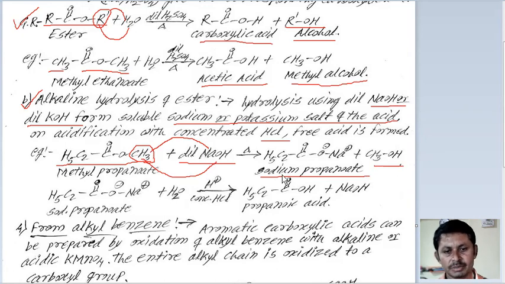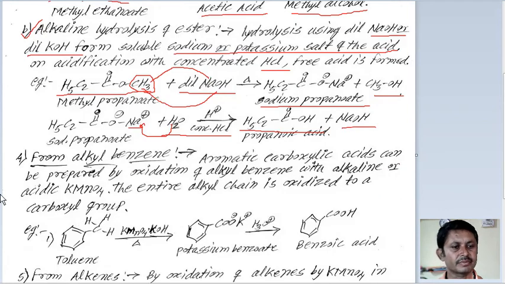We get an intermediate product, that is sodium propanoate. That sodium propanoate on acid hydrolysis in presence of HCl, there is the replacement of that sodium atom by one hydrogen of H2O, and we get C2H5COOH. That sodium atom combined with the remaining OH gives NaOH.